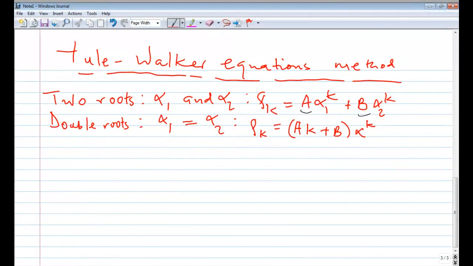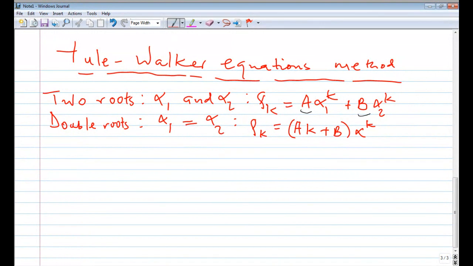This is the equation that you can use if you have equal roots or double roots. So two roots and double roots are not the same thing. Two roots means roots that are different, in other words alpha 1 is different from alpha 2. Double roots or same roots is when alpha 1 is equal to alpha 2.